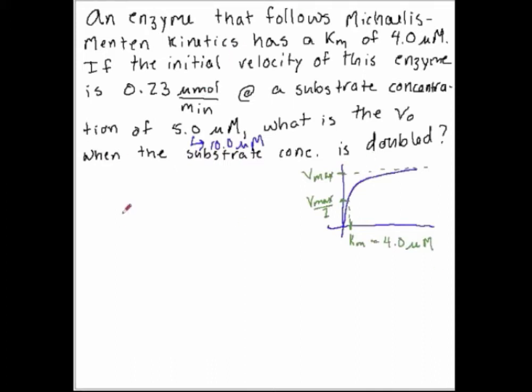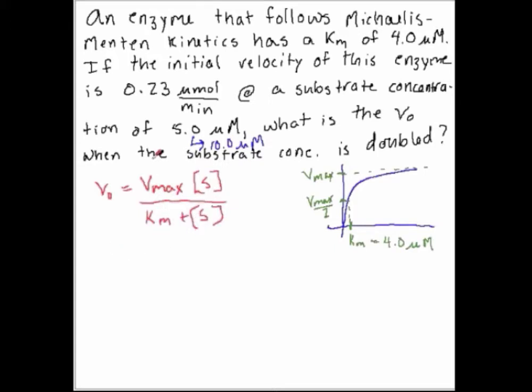So we'll just get that written down, remembering that the equation is V naught is equal to Vmax times substrate divided by Km plus the substrate concentration.